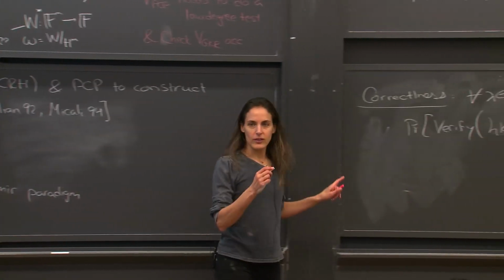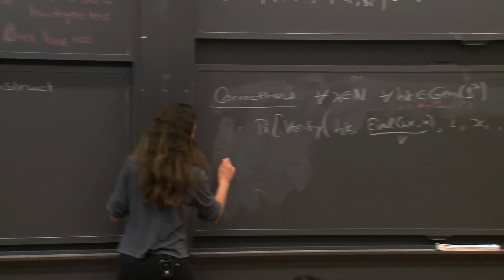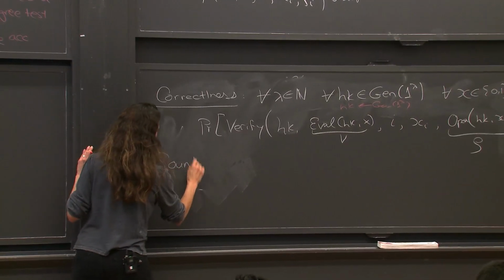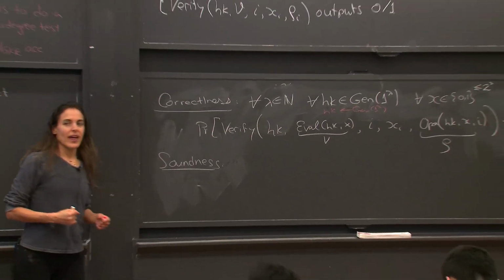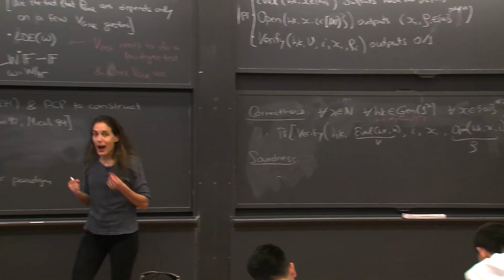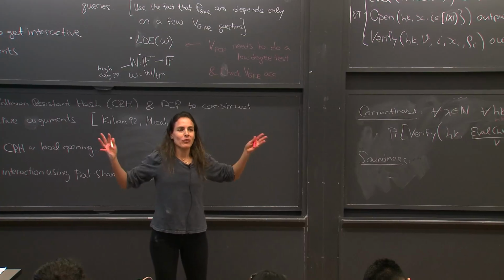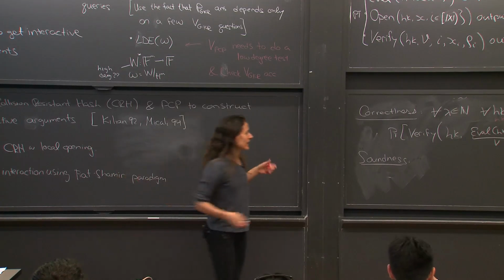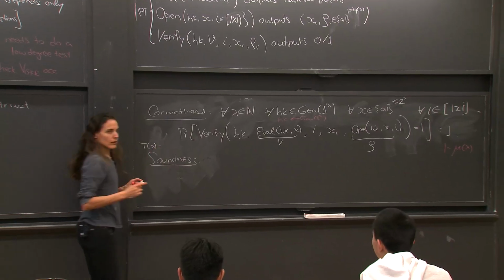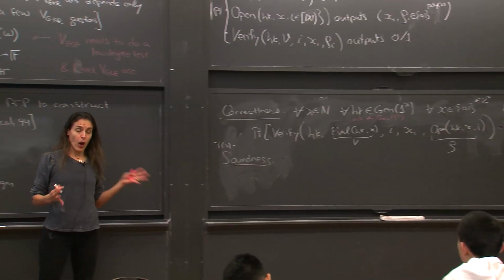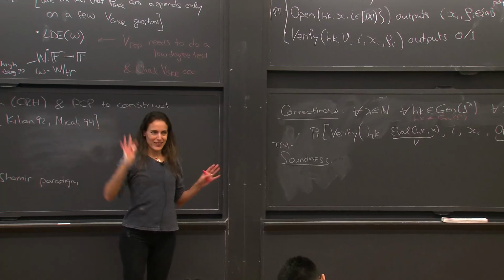Any other questions before we go to soundness? So soundness, that's the more interesting one. Soundness says, intuitively, that for any t-bounded adversary, you can call it t-soundness. You can think of poly-soundness, or 2 to the lambda to the epsilon soundness.